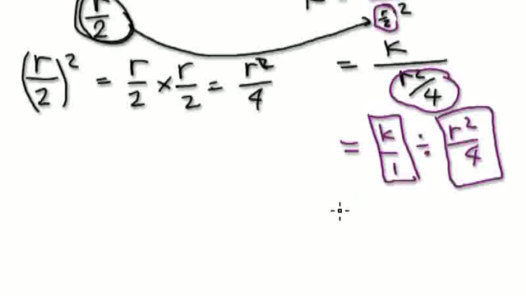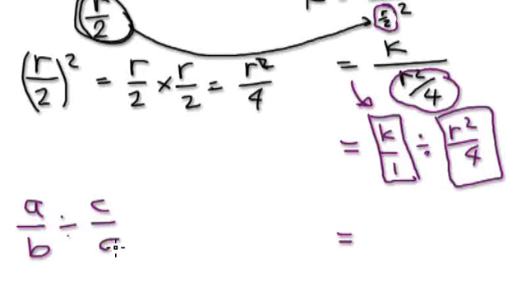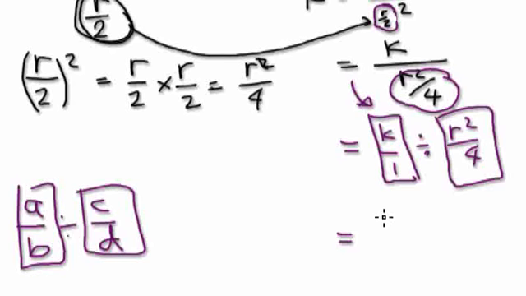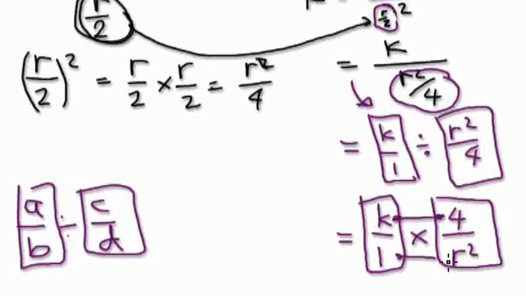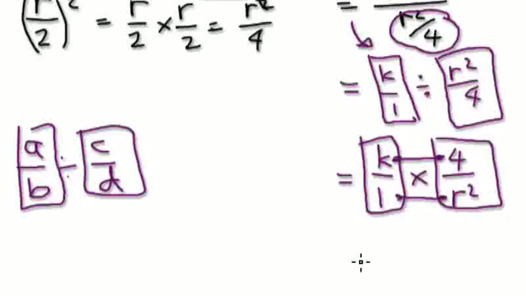When you've got a fraction divided by another fraction, you keep the first one the same, and then you times the reciprocal of the second. So you keep the K over 1 the same, and then you times the reciprocal of R squared over 4, so this becomes 4 over R squared. So now it's just top times top, bottom times bottom. This will become 4K over R squared.